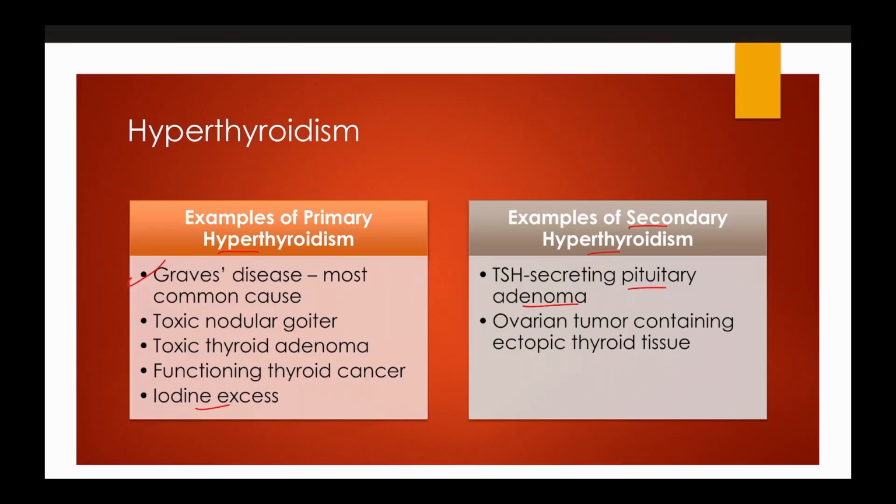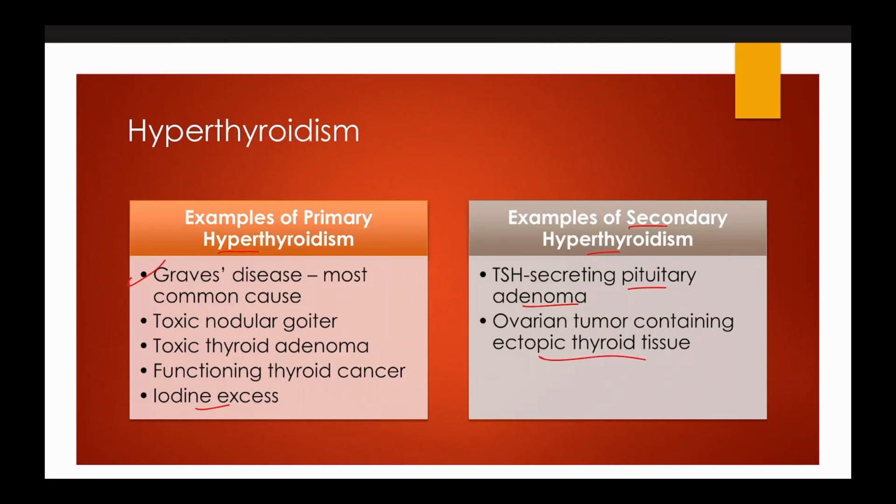Okay. Somatotrophs. I'm sorry. Soma is body. You have lactotrophs. Prolactin. Okay. Gonadotrophs. FSH and LH. Yeah. Or you can have an ovarian tumor containing ectopic thyroid tissue.